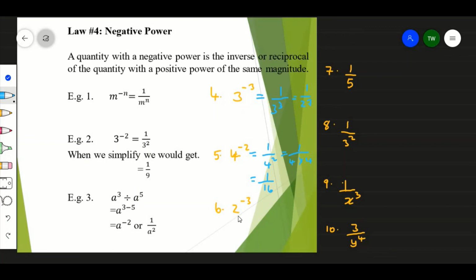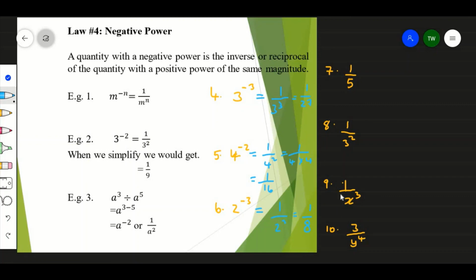Example 6, we have 2 to the negative 3, then in positive form, this is equal to 1 over 2 to the positive 3, which can be simplified as 1 over. Remember that the power here tells you how many times to multiply 2. So it's 2 times 2 times 2, which gives us 8. If you're wondering how I get 1 over 8.